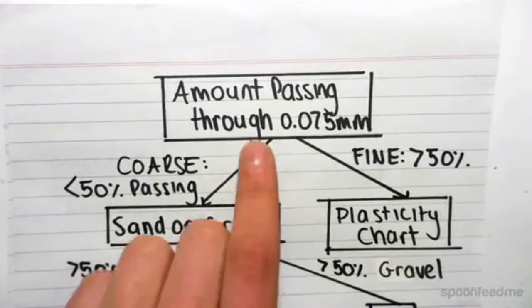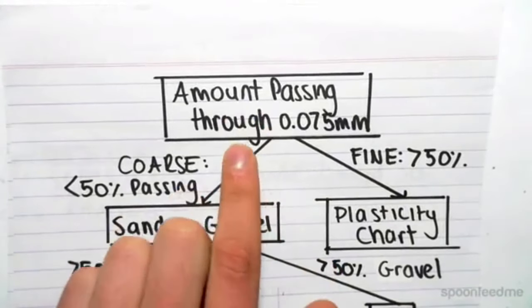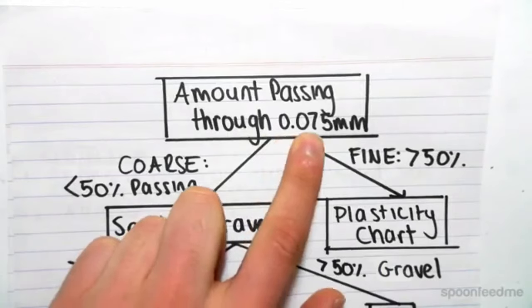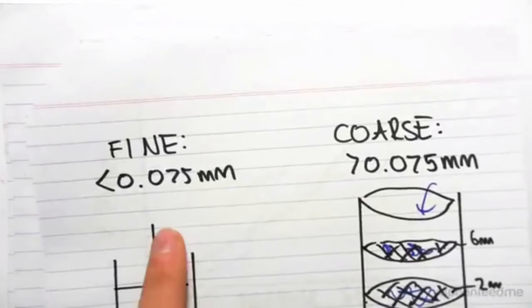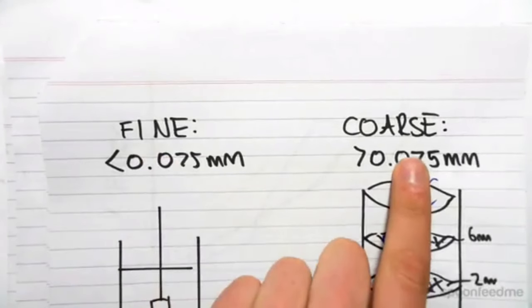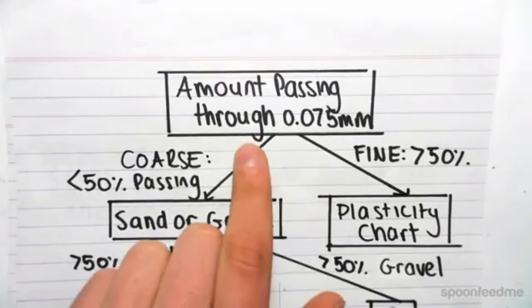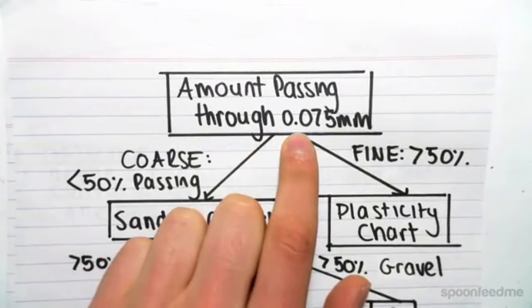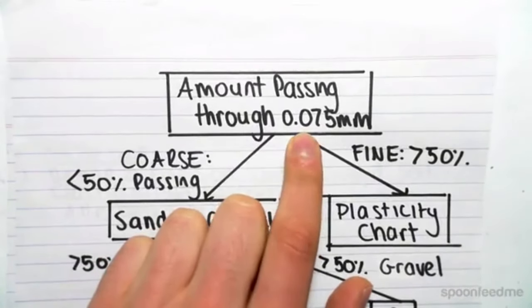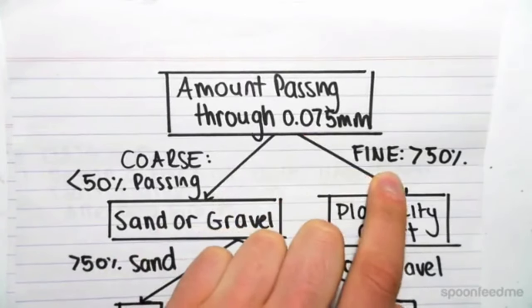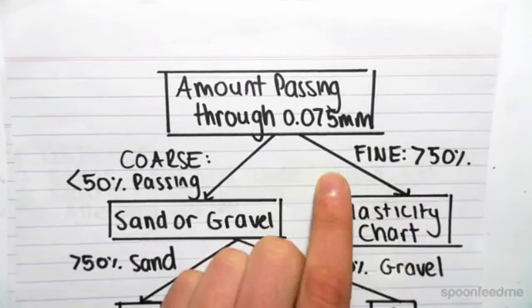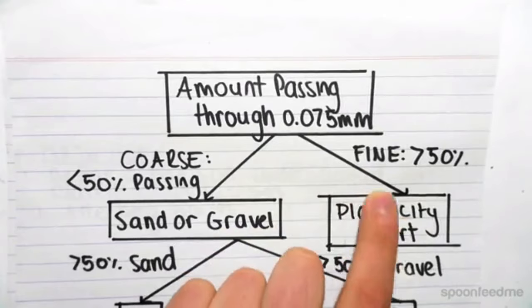So the first branch in our flowchart is the amount passing through 0.075 millimeters. And we saw in the previous video that was the critical value for a fine or a coarse soil. So we first need to work out how much of our soil sample can pass through 0.075 millimeters, and for a fine soil, more than 50% passes through, which is going to take us to this thing called the Plasticity Chart.